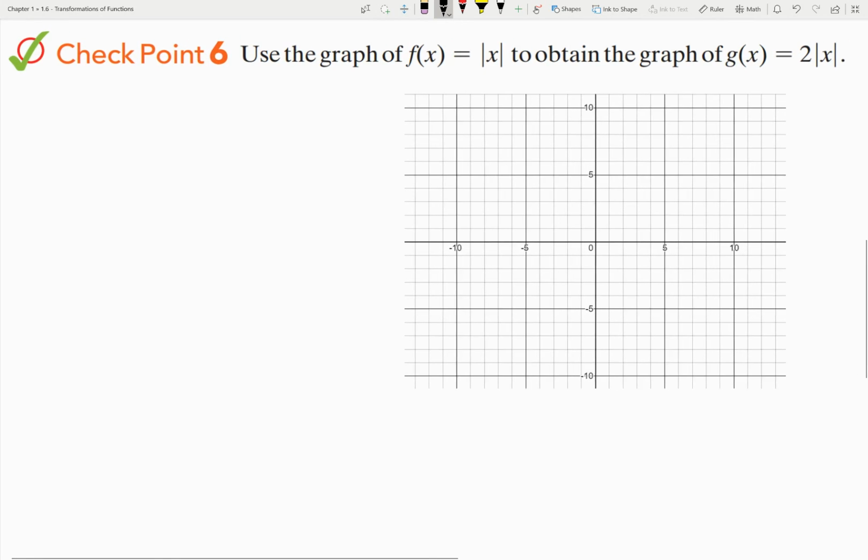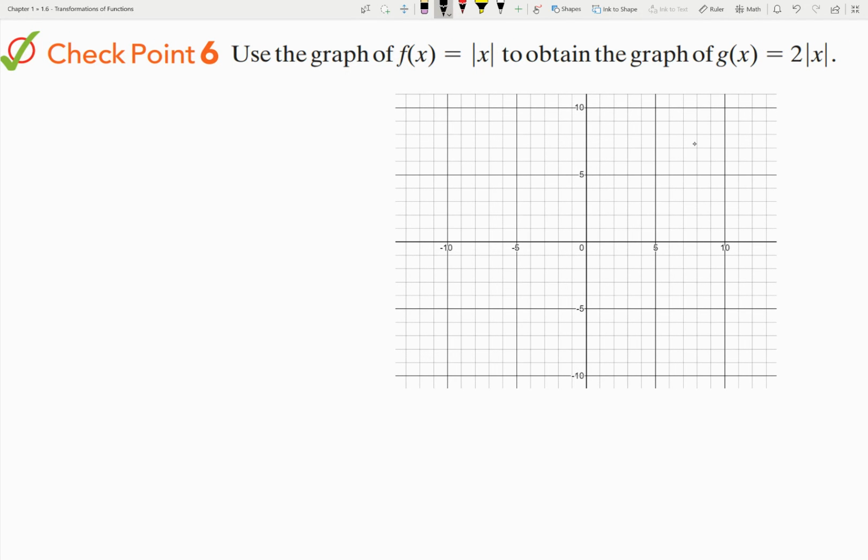This one will be much easier to tell. So if we have our parent function, okay, my new function, 2 times the absolute value. This one stays the same. Every point gets multiplied by 2. That was 1, 1. It now turns into 1, 2.